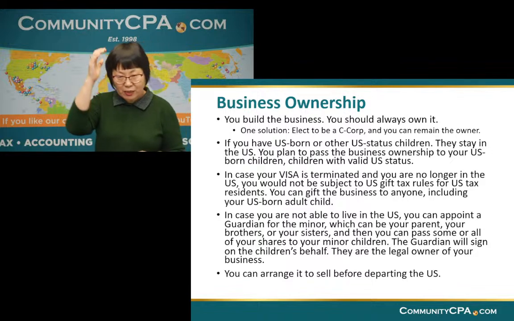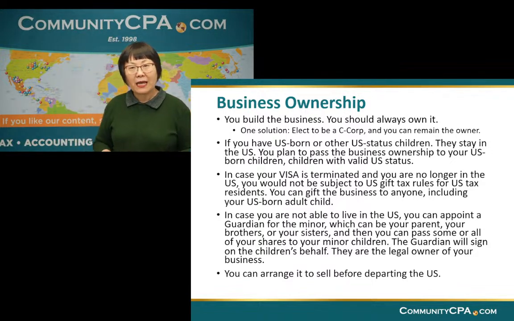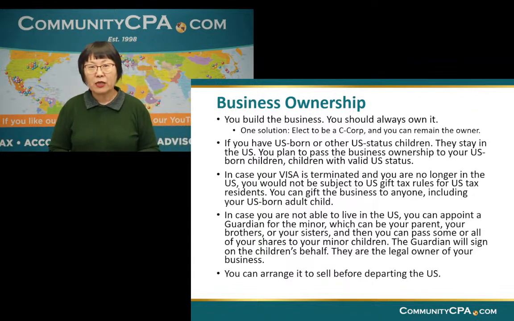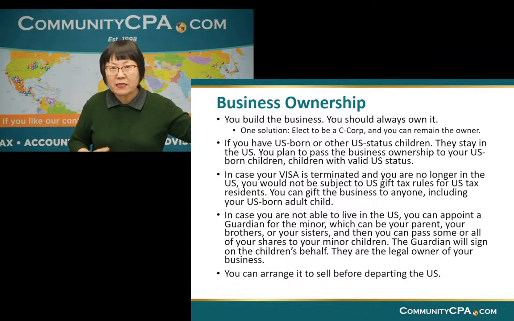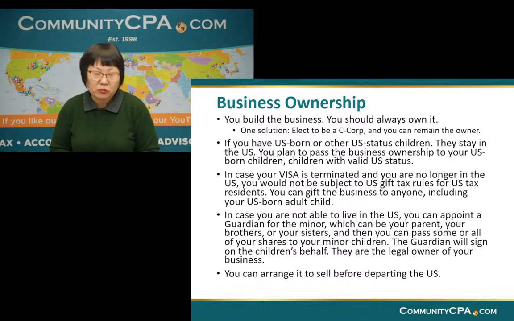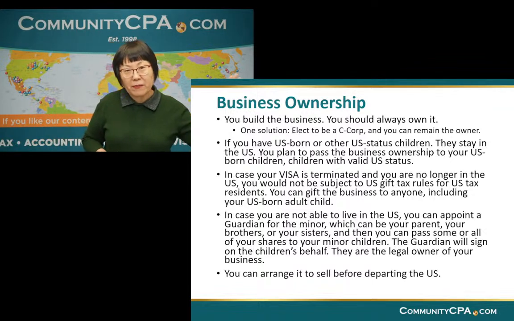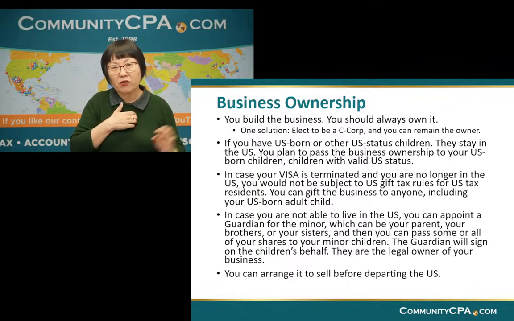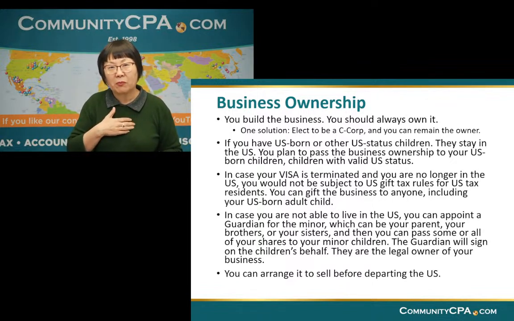So basically, you got a company here, and you're in Mexico, and obviously you want to give ownership to your children, you're done, because you're a Mexico resident. The gift tax rules in the U.S. are for U.S. residents, so that's not really applying to you.